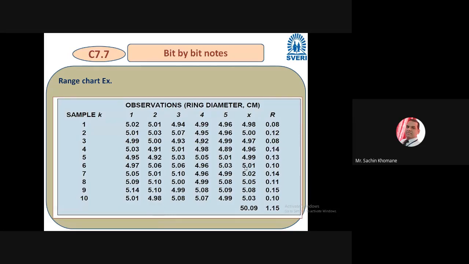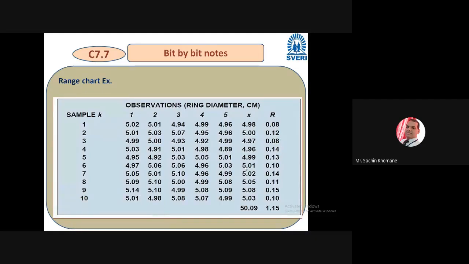Please tell me these two readings for the 10th number. Take 1 minute. Put in the chat box, for the 10th number to calculate range, which two readings will you refer?